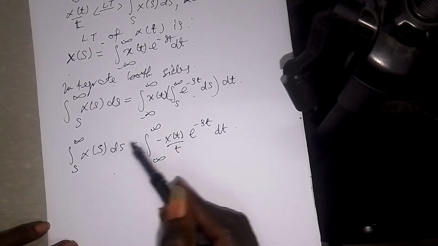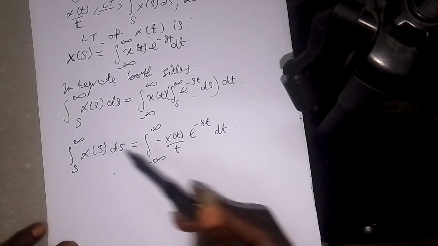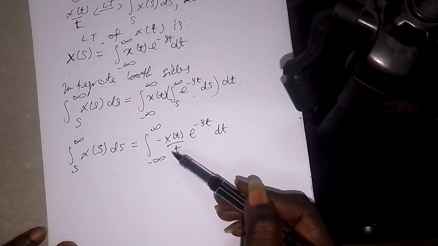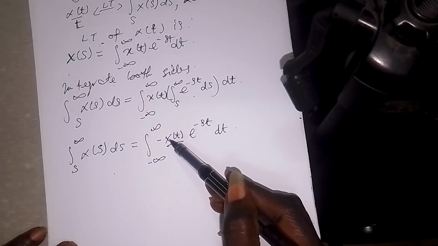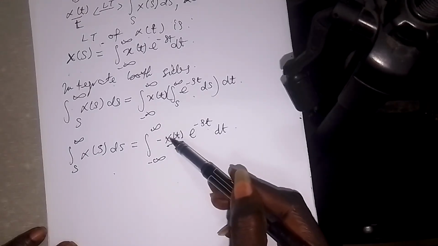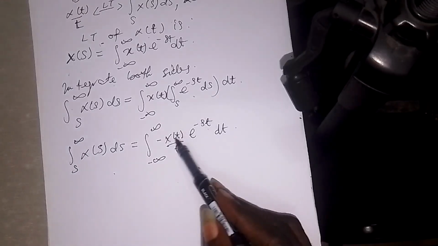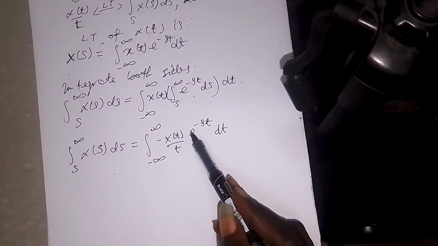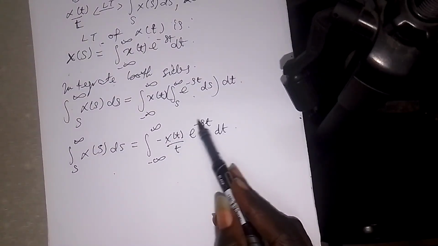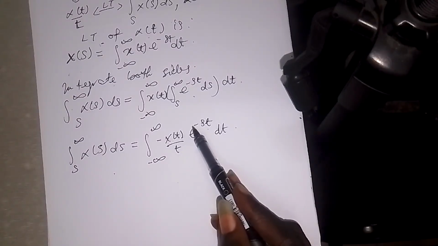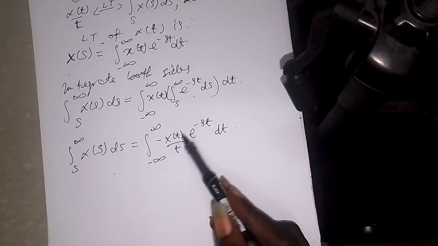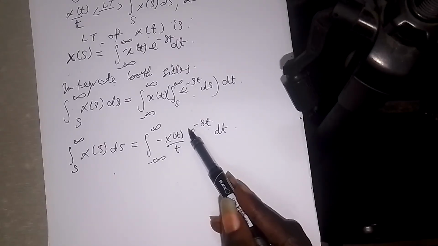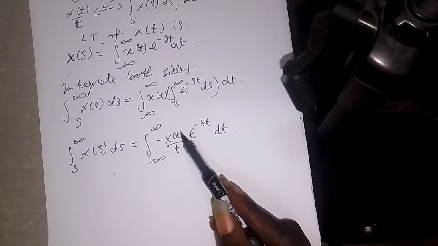What I am saying here is that x of t e to the minus st is the transform that gives me x of s. And I know that x of s has a relation with x of t. So instead of writing x of s, I can write x of t.